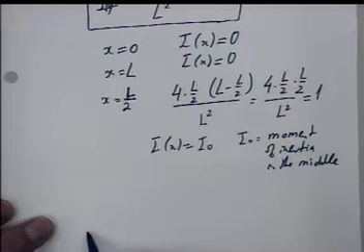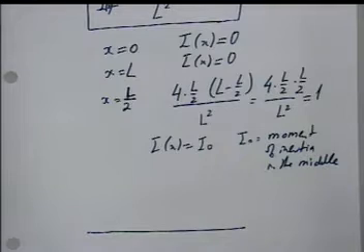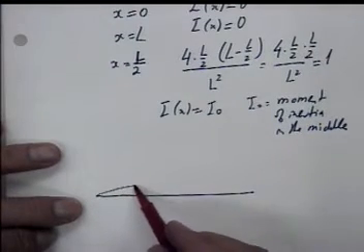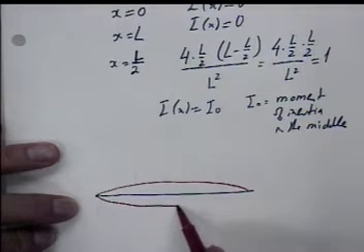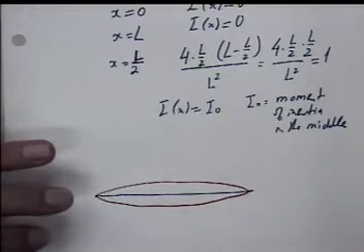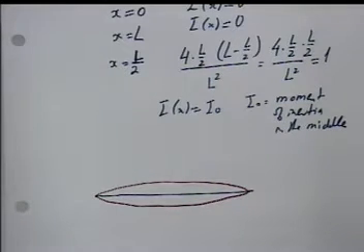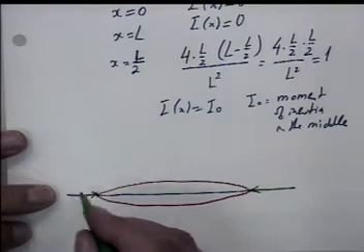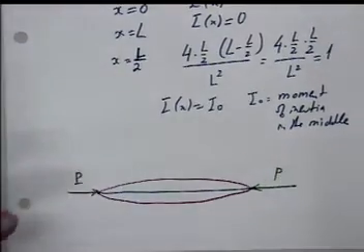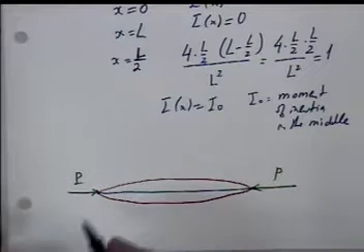So this looks like this, and the beam looks like this. This is an axis. That is such a cross-sectional area. And the load P is here, and the entire thing is simply supported.